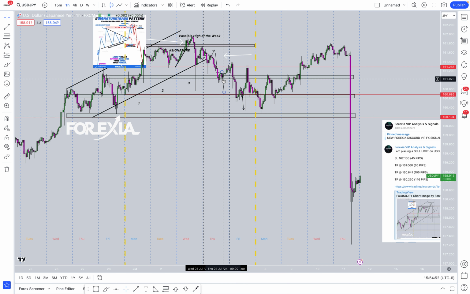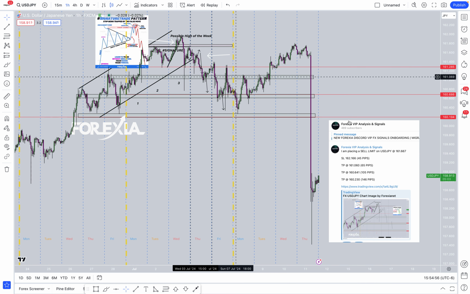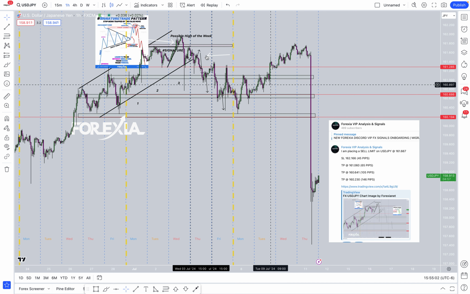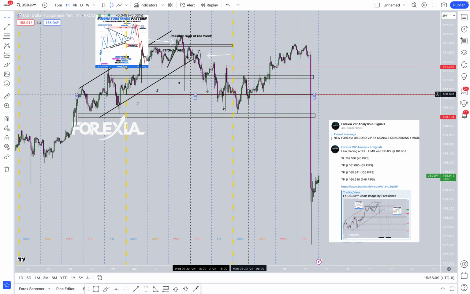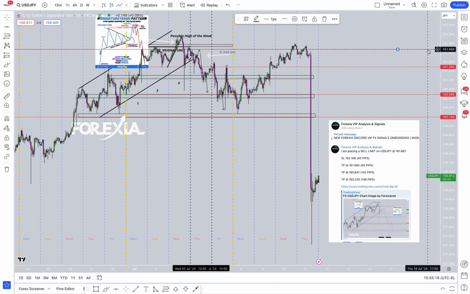Before jumping into the confirmations, I'm going to show you one of the signals that we sent to our VIP group. We sent a sell limit a few hours before the reversal happened. The sell limit was at 161.667, right around here. So we got in right here.